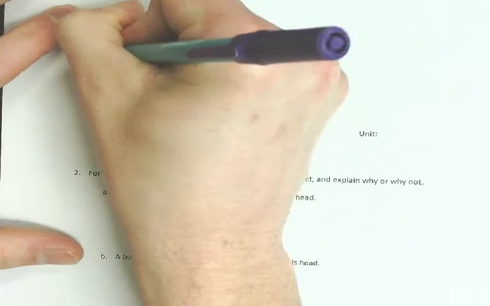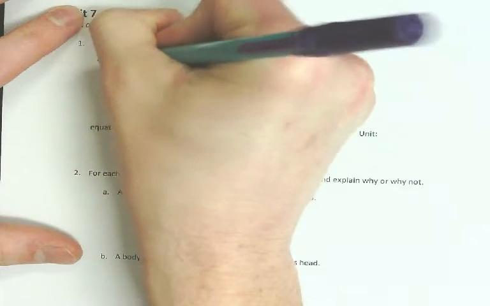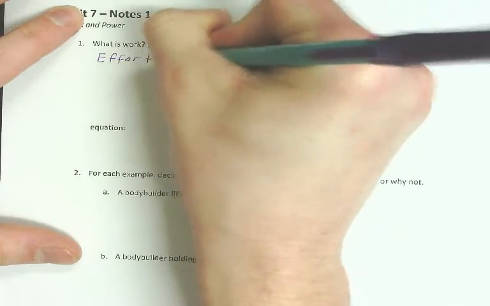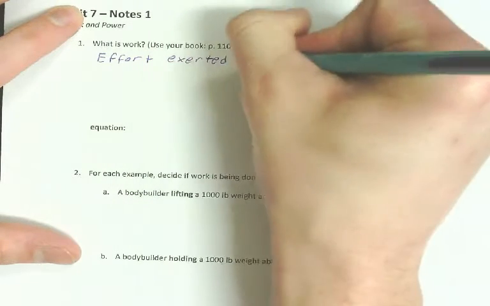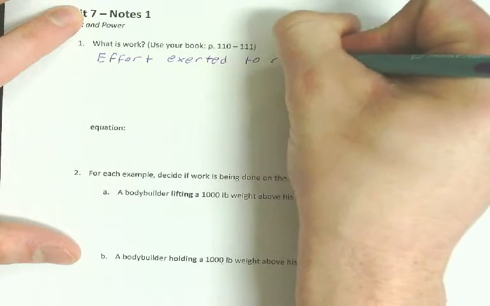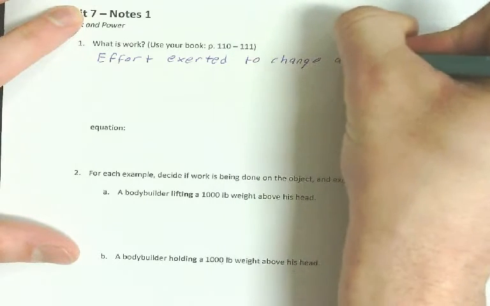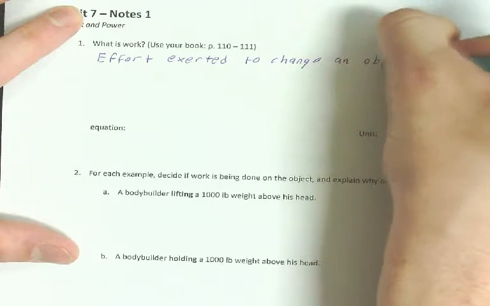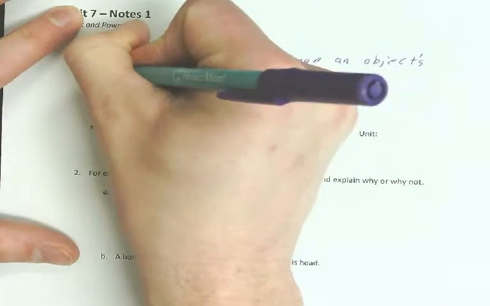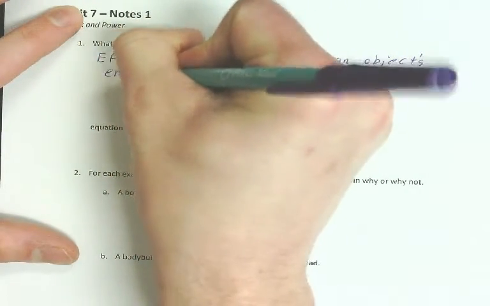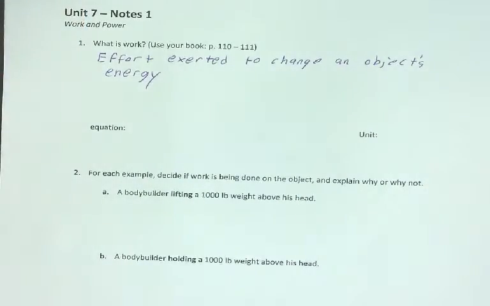So it's effort exerted to change an object's energy. Okay, so it's something you do to another object that causes that other object's energy to change.